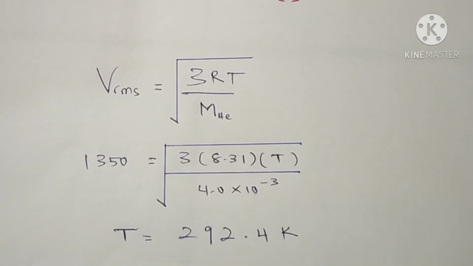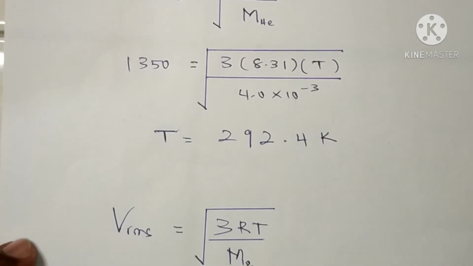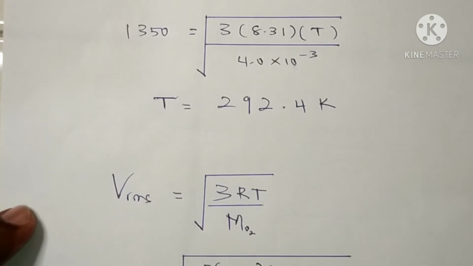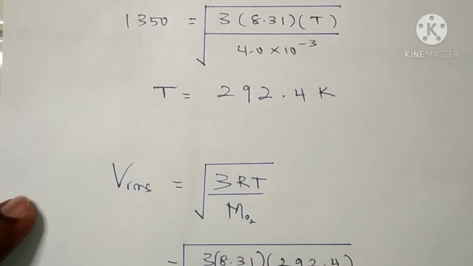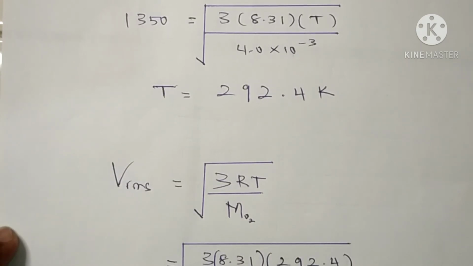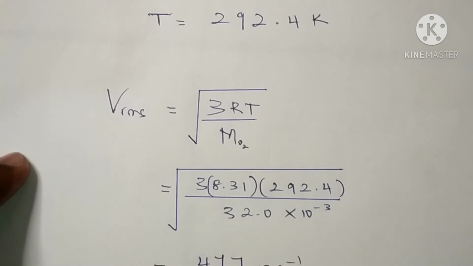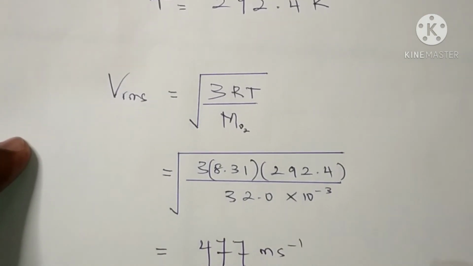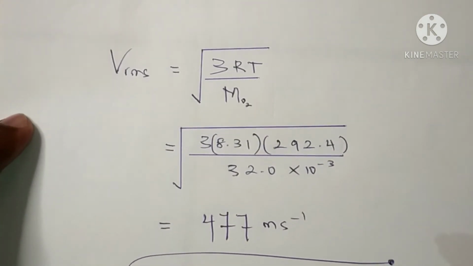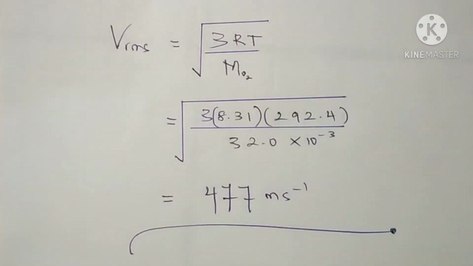And we're going to substitute this temperature into the same formula, but now we're going to use the molar mass of oxygen. And we can find the speed of an oxygen molecule at this temperature of 292.4 Kelvin, which is equal to 477 meter per second. Simple like a bubble without giving you any trouble.